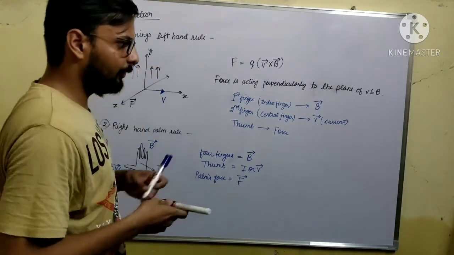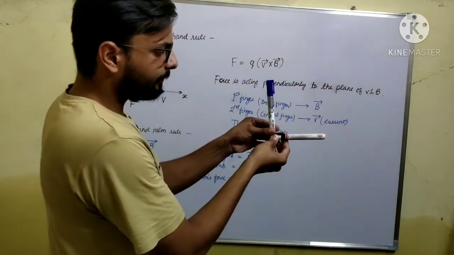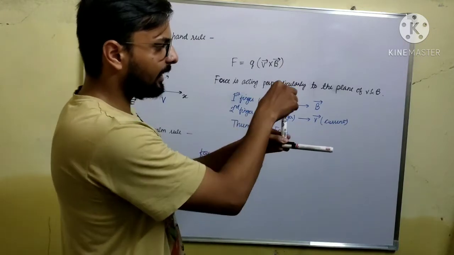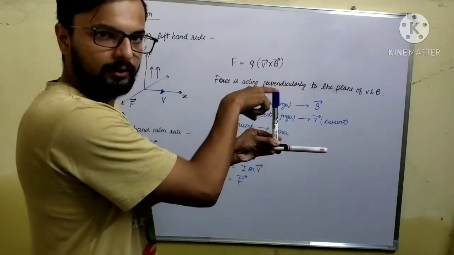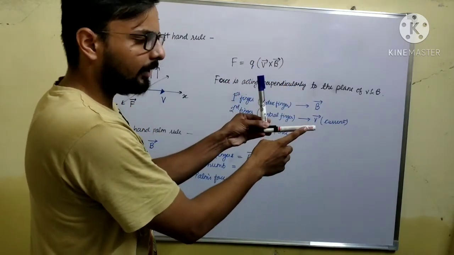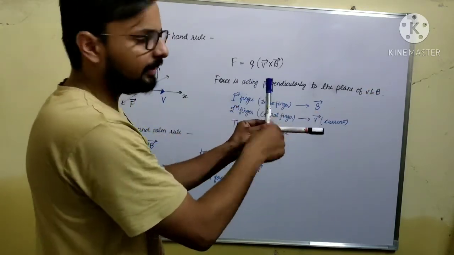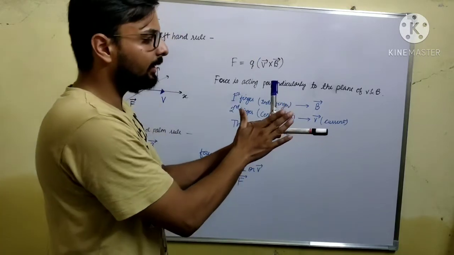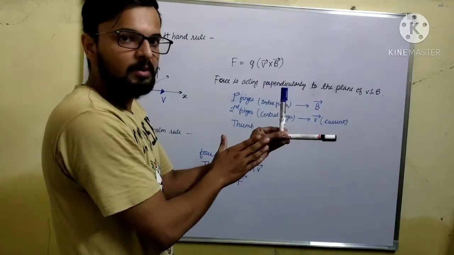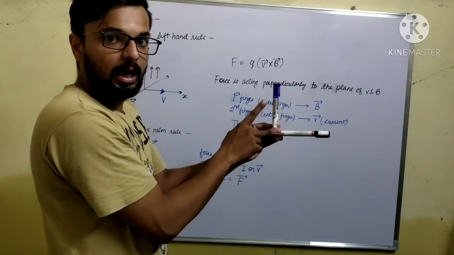Okay, so if you see that this is the plane, this is the x axis, this is the y axis, here it is the magnetic field B, here it is the direction of current or velocity of charge, meaning the charge is moving in this direction, the magnetic field is in this direction, then the force will be perpendicular to this plane.